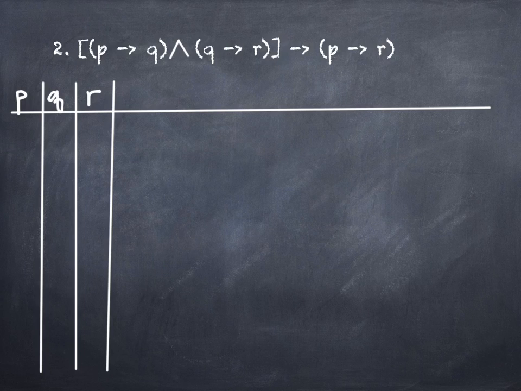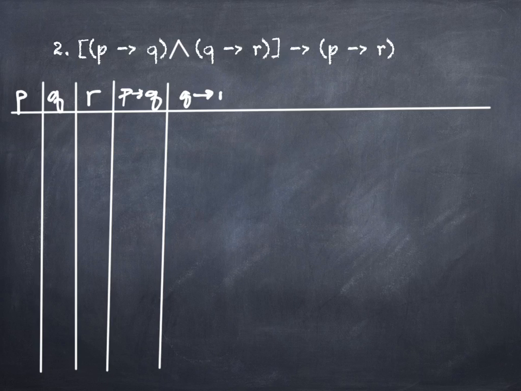All right, so I've got P, Q, and R, and I'll fill in all the trues and falses in a minute. But what do we have next? P implies Q. The first set of parentheses, I've got P implies Q, so I need a column for that. Then what?